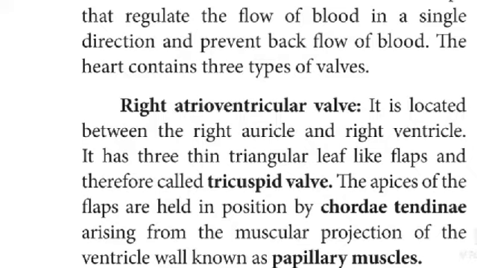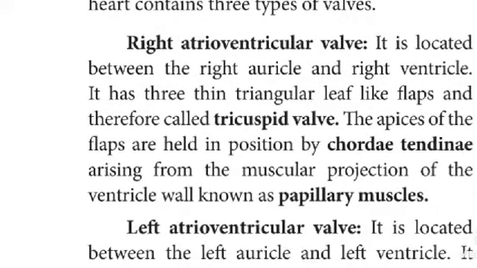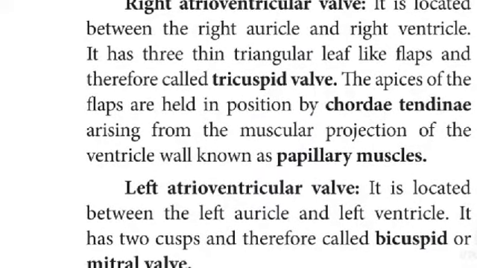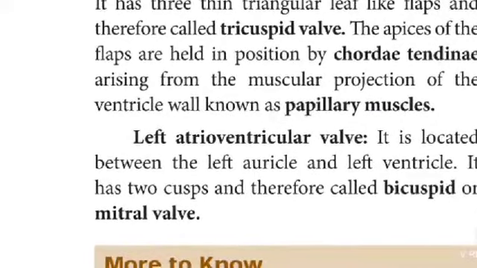It has 3 thin triangular leaf-like flaps and therefore is called the tricuspid valve. The apices of the flaps are held in position by chordae tendineae arising from the muscular projections of the ventricle wall, known as papillary muscles.